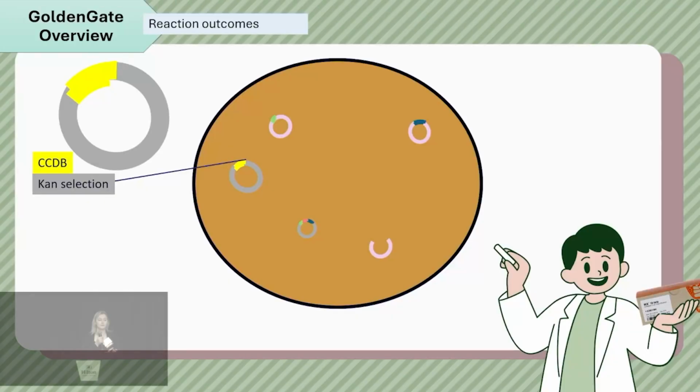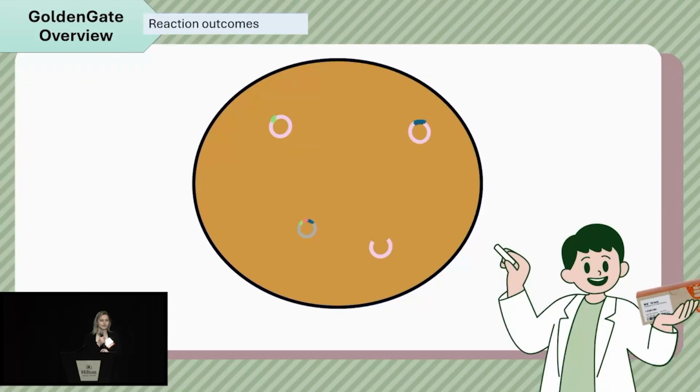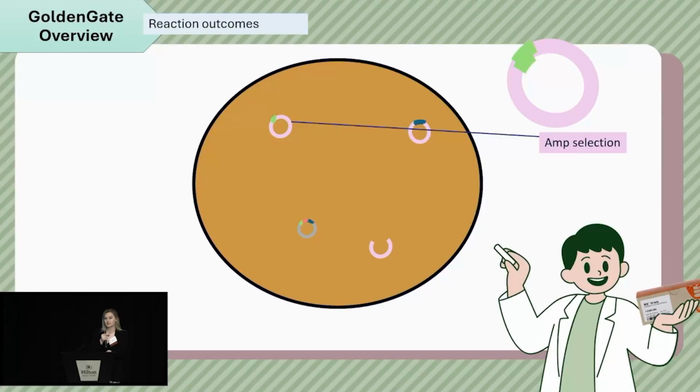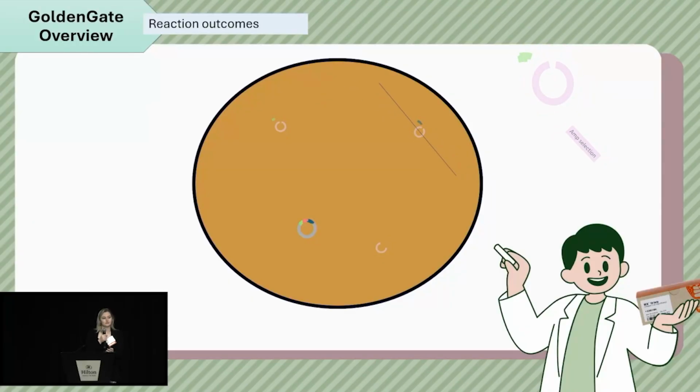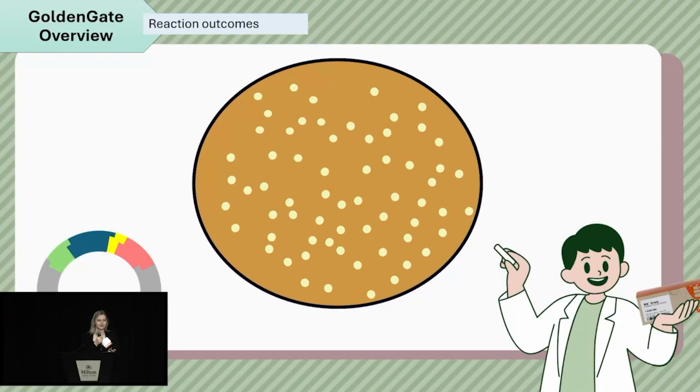You could have an undigested acceptor, but like I said, it has that ccdB gene, so this shouldn't be too much of a concern. You'll also potentially have some undigested level zeros, but because they have a different selection than the plate that you're using, because remember, we were transforming into kanamycin selection, should minimize the concern for that, so that hopefully the only thing that is assembled and picked up by E. coli be your perfectly assembled construct.